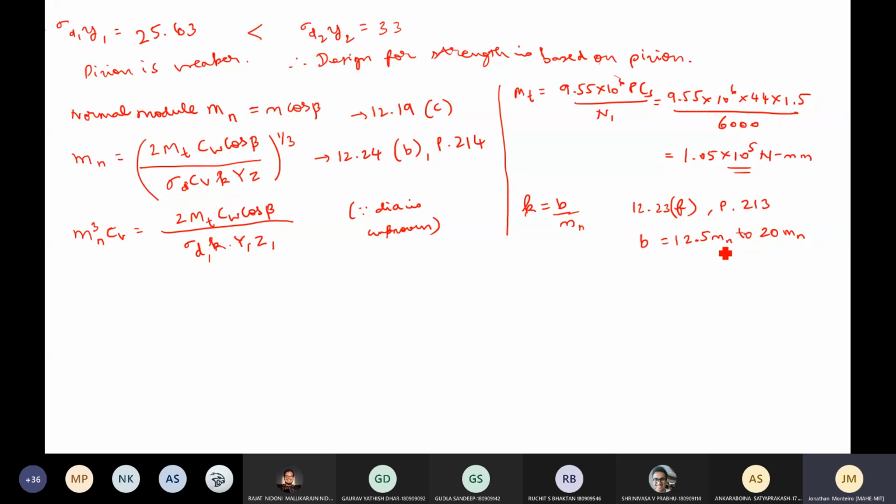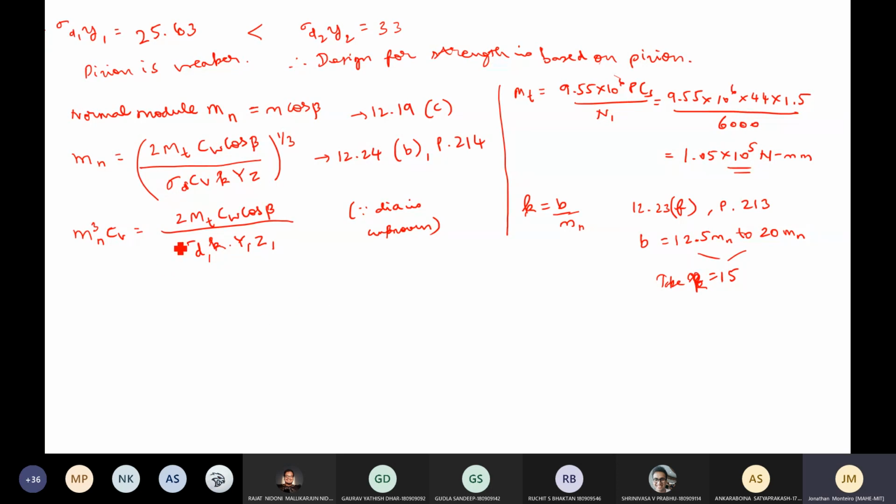Spur gear was usually from 7.5 to 12.5 and we took an average value of 10. But here the K value falls between 12.5 and 20, so we'll safely take K equal to 15. Again an average value, good enough for us to substitute. If everything else fails in the designing part, we can come back and adjust this K value. So let us right now keep it at 15.